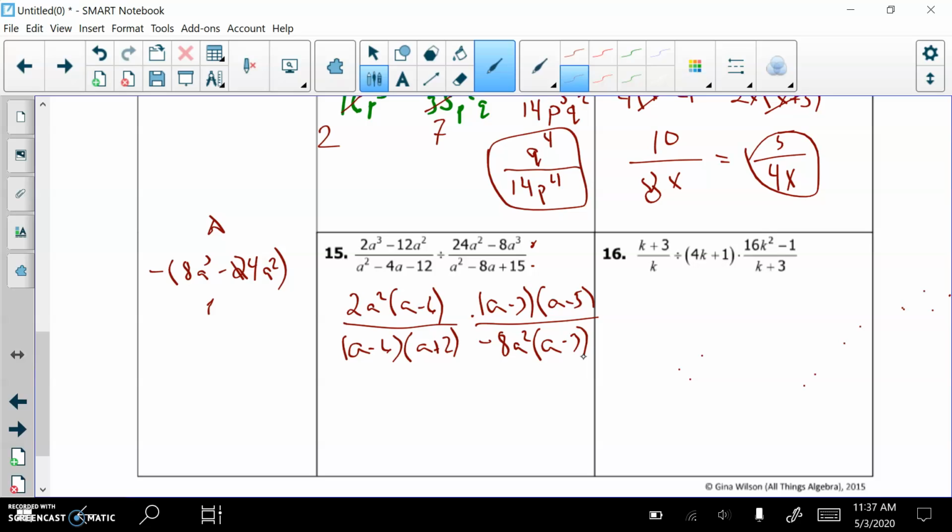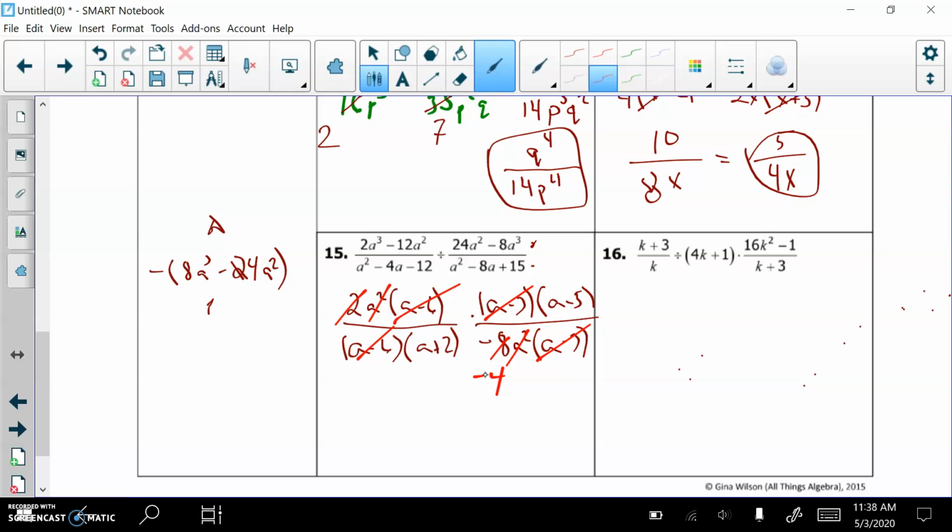Okay, cancel time. A minus 6, a minus 3, my a squares. And my 2, my 8 becomes a 4, my negative. So what am I left with? Oh, what a mess.